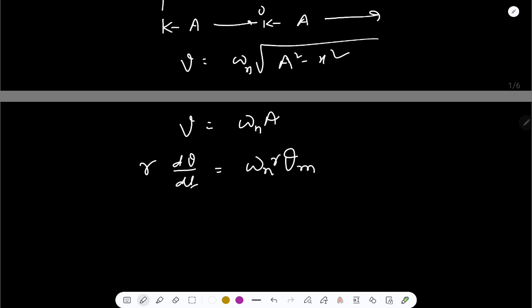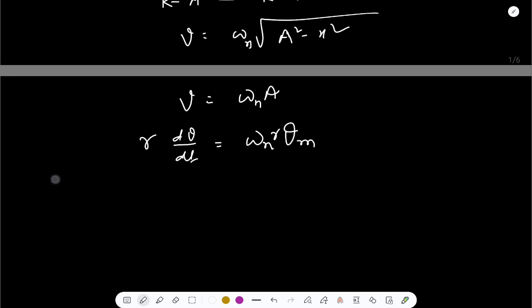R theta m is the amplitude of oscillation here. So both r can be cancelled out, and you can write here d theta by dt, that is in our case omega equals omega n, the natural frequency of oscillation multiplied by theta m.